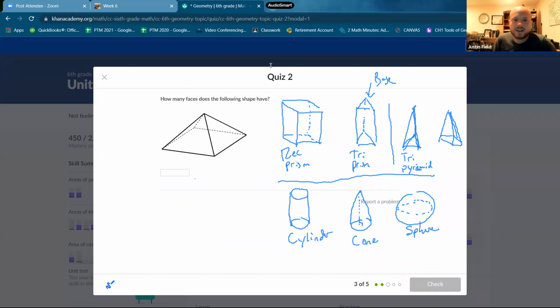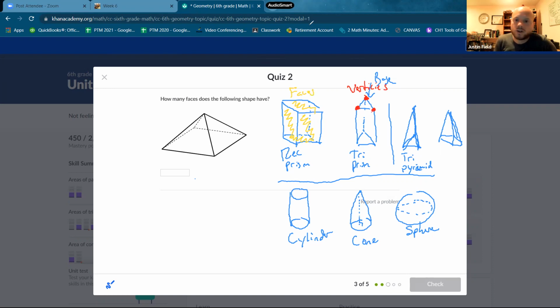Now, faces. So the faces, let me outline the faces in yellow here. So these are the faces. They all have faces, but I'll just use a different shape for each vocabulary term. These are called vertices, or each one is a vertex.